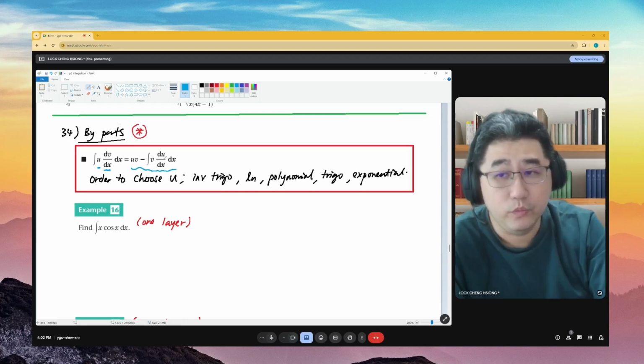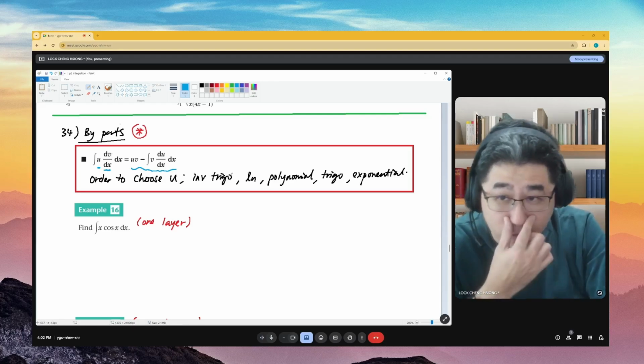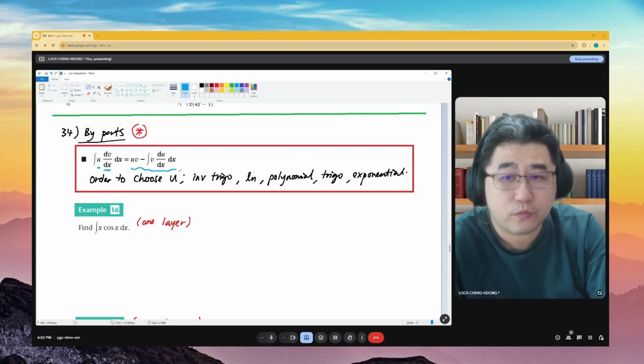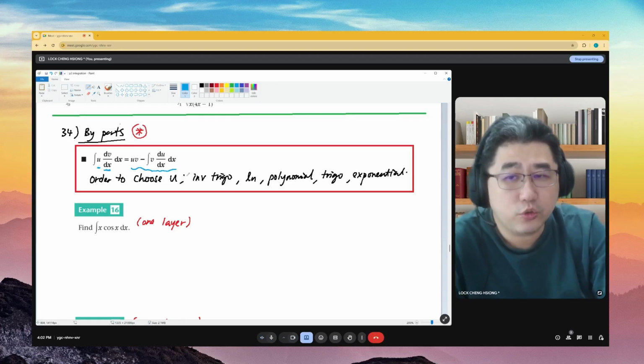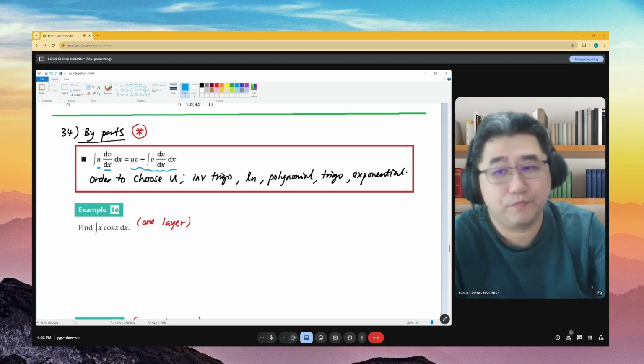These two parts can be a polynomial, a trigonometric function, an exponential, and so on. Therefore, it's important to recognize what formula to use and what order to choose u and v prime when dealing with the questions. The order to choose u is: inverse trigo first, ln second, polynomial, trigo, exponential last.